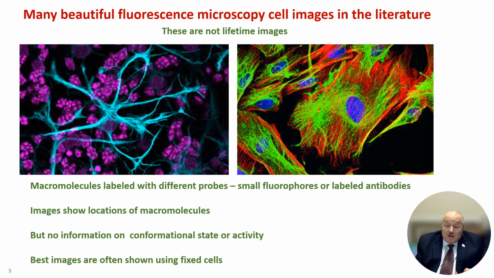This one you can tell nuclei are stained with DAPI. Some biomolecule here is stained with fluorescein, another one is stained with rhodamine. They're beautiful images, but they're not always the information that the biochemist would like to have.